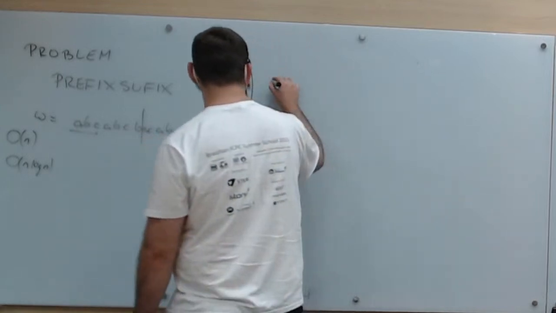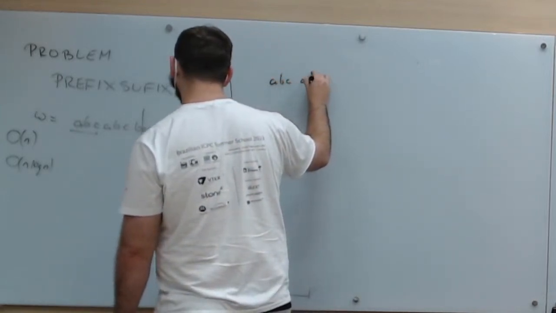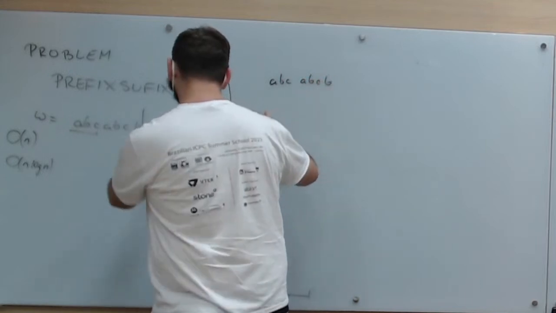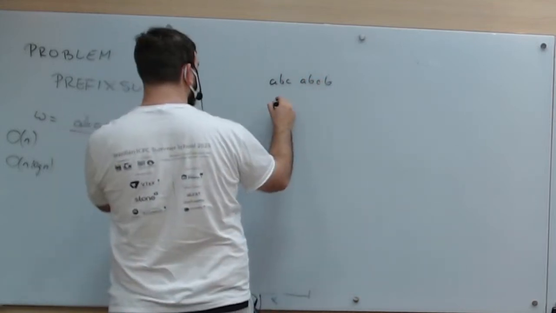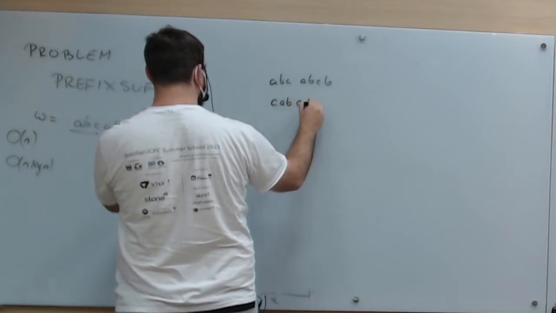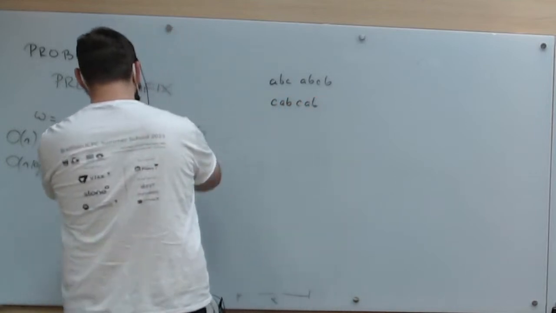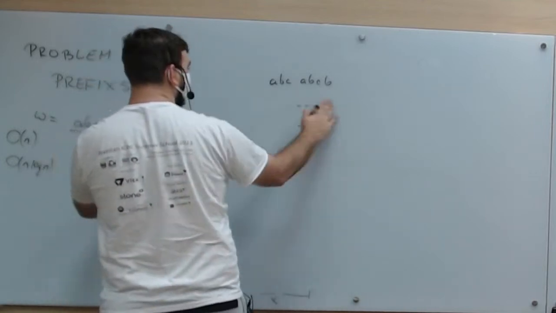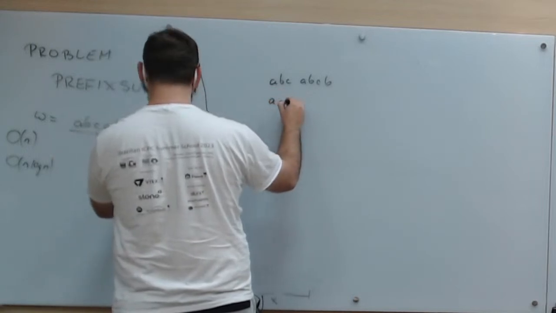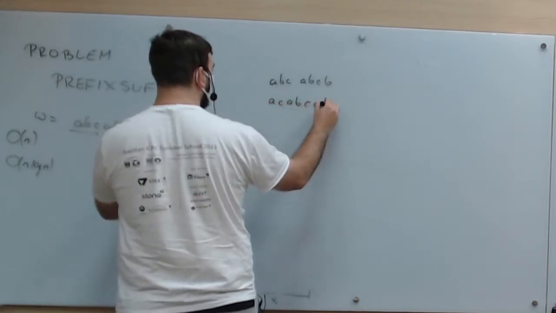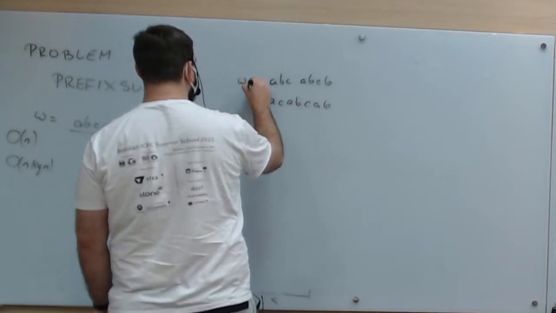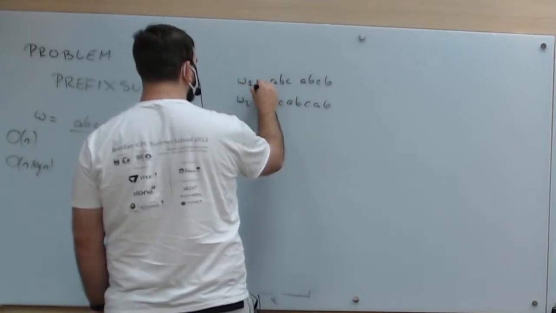So I have A, B, C, A, B, C, B, and the other word is C, A, B, C, A. Okay, it was actually even. So it will be A, C, A, B, C, A, B. This might be W1, this might be W2.